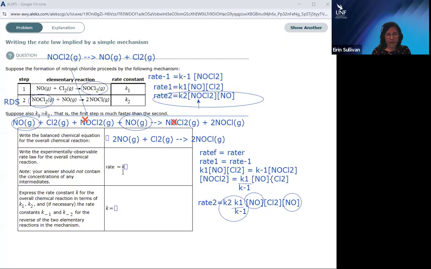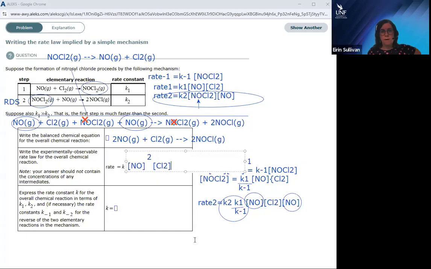So my rate is going to be K times NO squared times the concentration of Cl2. So now the rate law for my elementary step 2 is all in terms of my initial reactants, nitrogen monoxide and chlorine. So that should be okay.